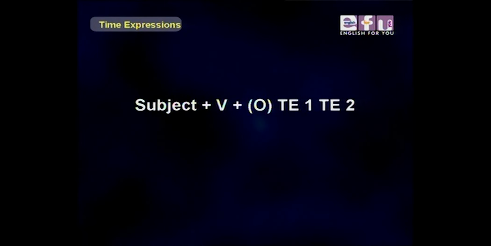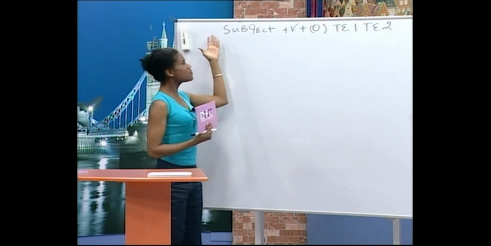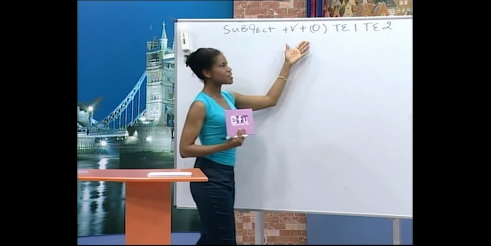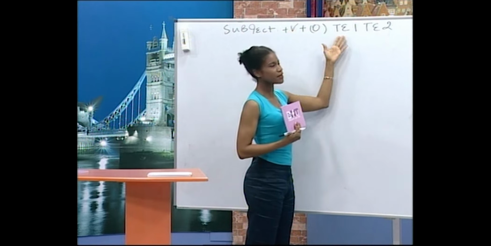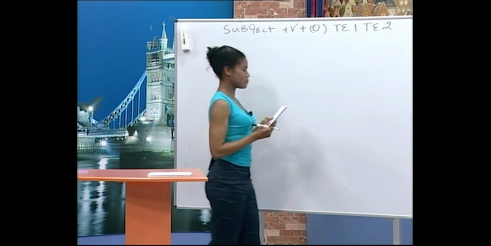Okay, a new formula. We have our subject plus our verb plus our object, time expression 1 and time expression 2. So you have your subject, verb, object, first time expression, and second time expression.